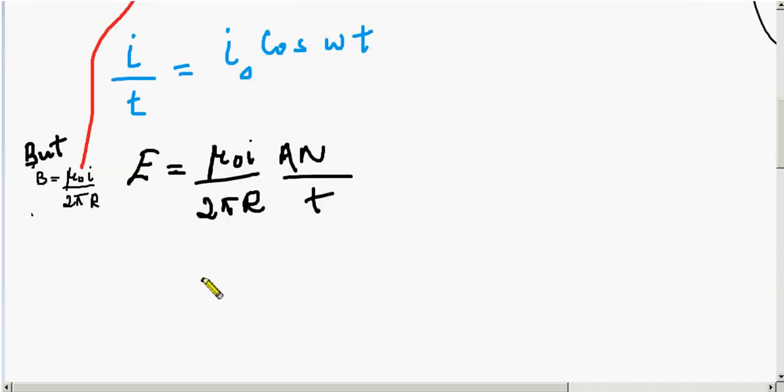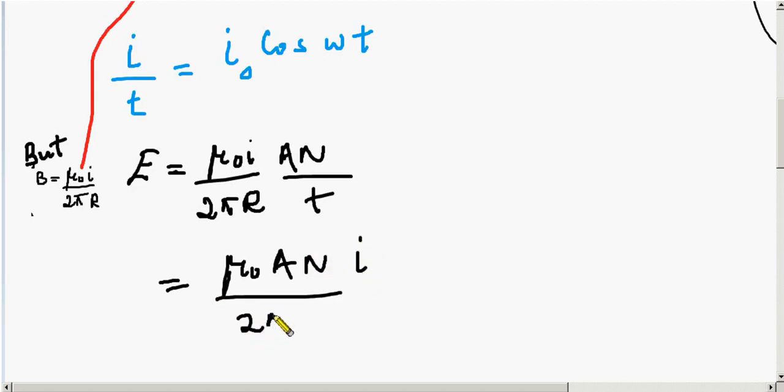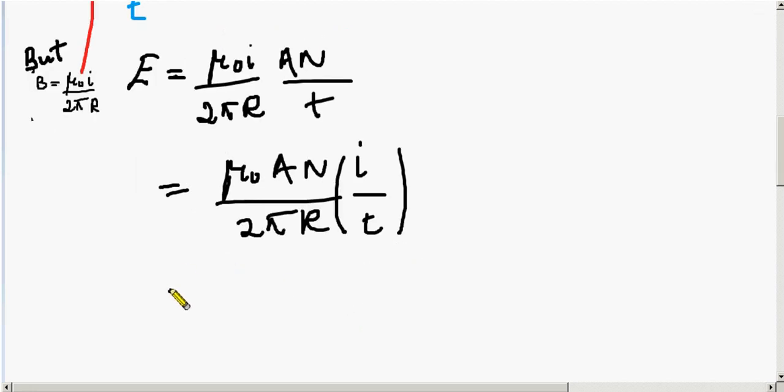Then they have given I divided by t. So here I, here t. We can rearrange the equation. I here, 2 pi r, t here. So this thing they have given.